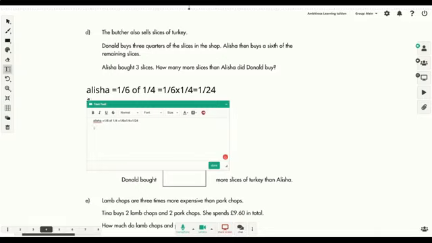So 1/24 equals how many slices? If you do that, you get 3 slices. And the whole lot means it will have 24 slices.